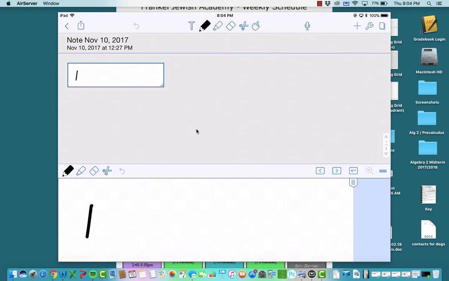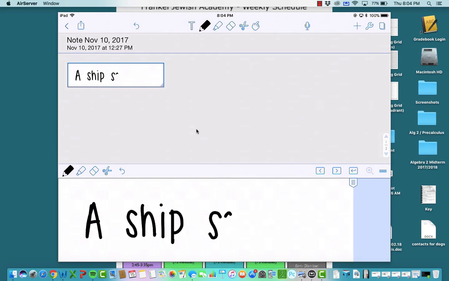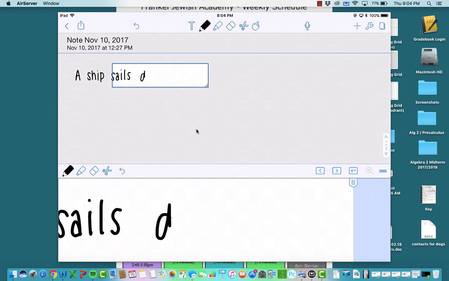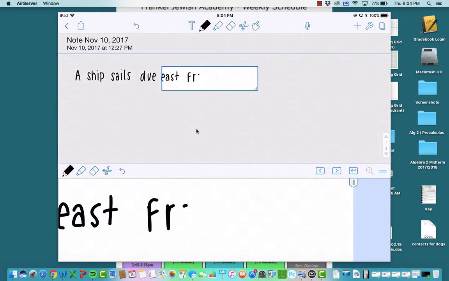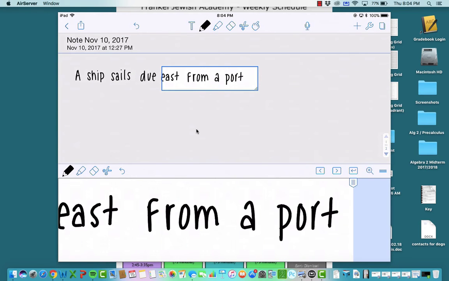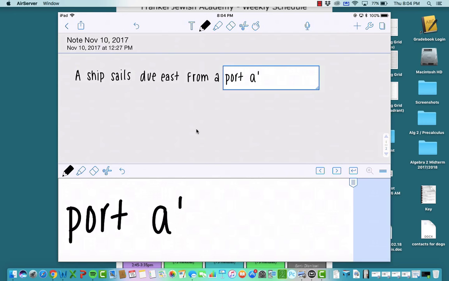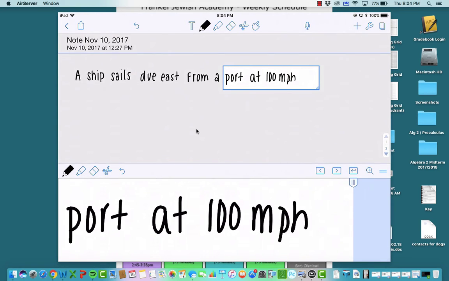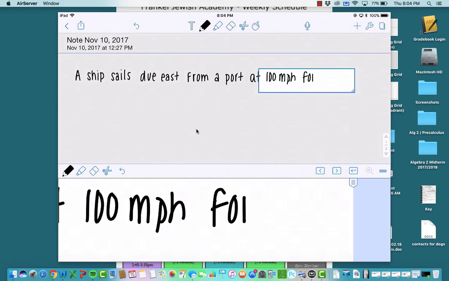So let's try a ship sails on the ocean breeze due east from a port at, I don't know, 100 miles per hour for 3 hours.